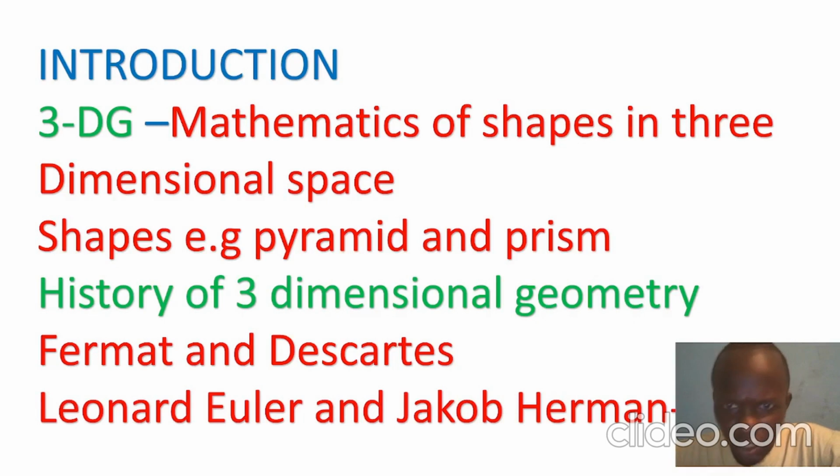On to the introduction. What is 3DG? 3DG means three-dimensional geometry. It is the mathematics of shapes in a three-dimensional space, or we can call it three-dimensional Euclidean space. The shapes that we are talking about are pyramids, prisms, cuboids, cones, and so on.